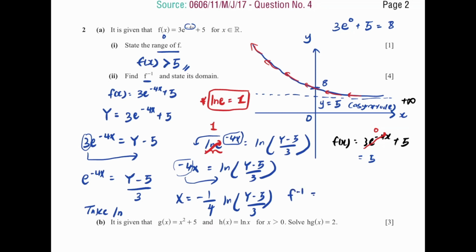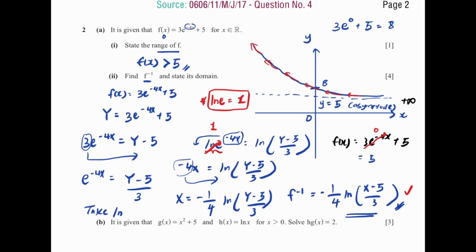So f inverse of x is equal to negative 1 over 4 ln of x minus 5 over 3. That should be the correct answer. You might leave your answer like this, or apply the rules of logarithm to make it ln of x minus 5 minus ln 3, based on the rules of division. But this answer is good enough.